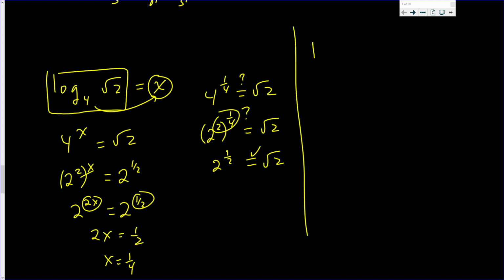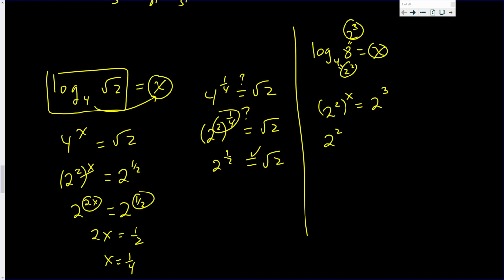What about log base 4 of 8, is equal to what? Now, there's a few ways of doing this. You can recognize that as 2 cubed. And you can recognize 4 as 2 squared. So this raised to that power should equal to this.